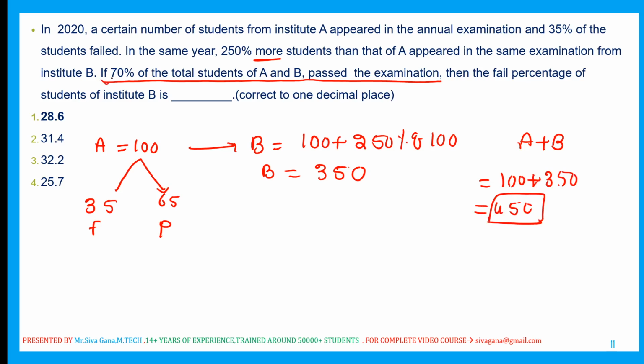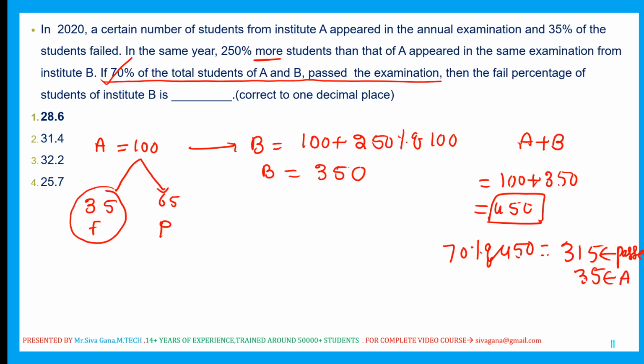How many passed? 70% of 450, which is nothing but 315. These 315 students passed from both the institutions. In this 315, 65 are from Institute A.